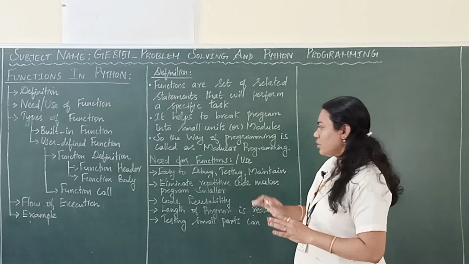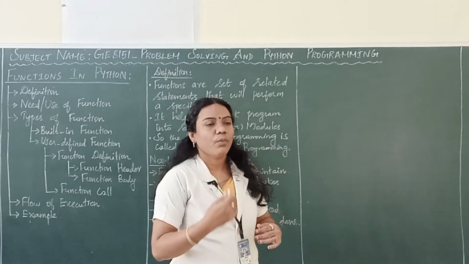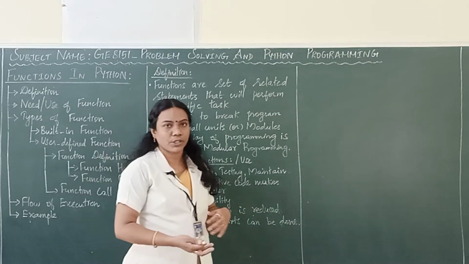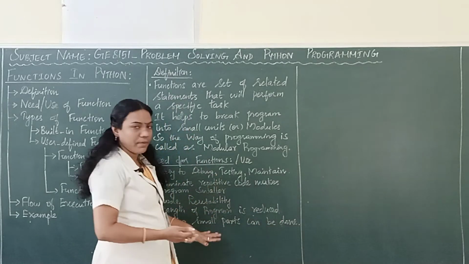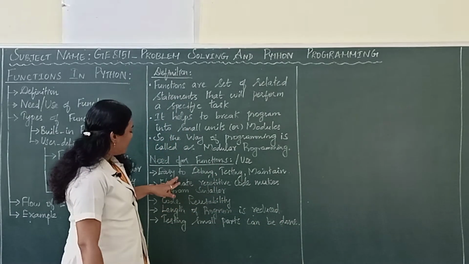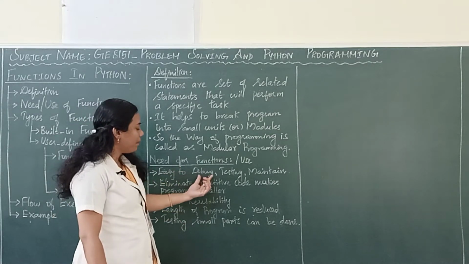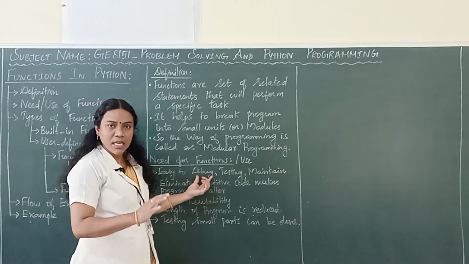So you can write a program by using the concept of function. Why are we using function, or what are the advantages of using function? The first one is that it is easy to debug. Debug means finding errors, so finding errors in the program will be easy.